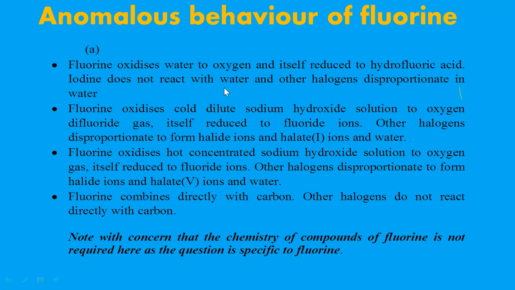Okay. Now you listen to me carefully here. If they talk about anomalous properties of fluorine compared to the other elements, you must not only talk of fluorine, also talk about what happens with other elements. That's why you see these second statements. Is that clear? Frida, what's the second property in which fluorine behaves differently from other elements?